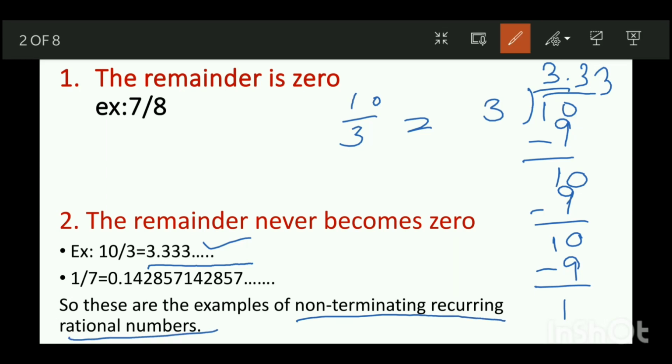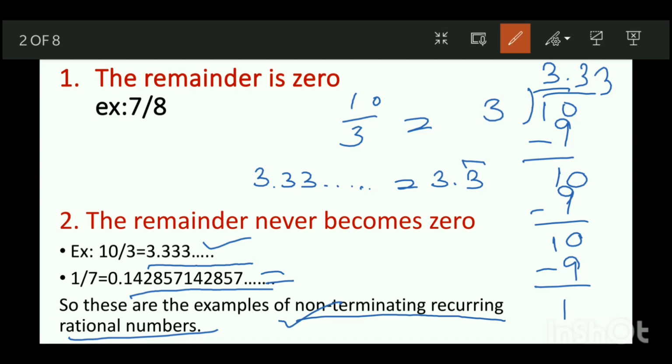One more example, 1 by 7 is equal to 0.142857. Again 142857. Again we get 142857 and so on. This will not terminate. So this is also a non-terminating and recurring rational number. One more thing, we can write 3.33 in a shorter way, 3.3 bar, which means 3 is the repeating digit.